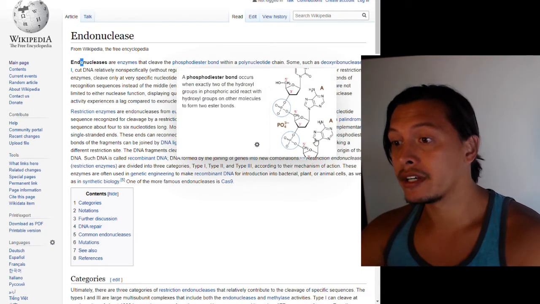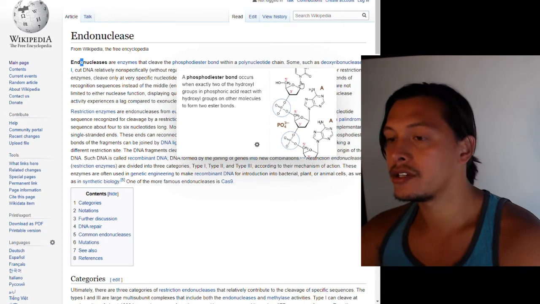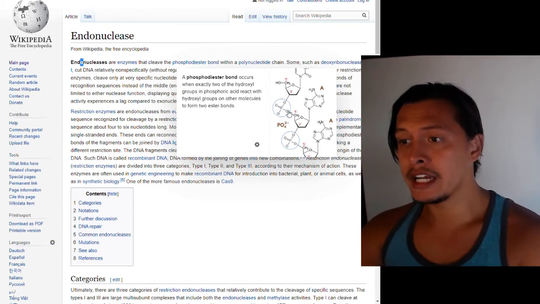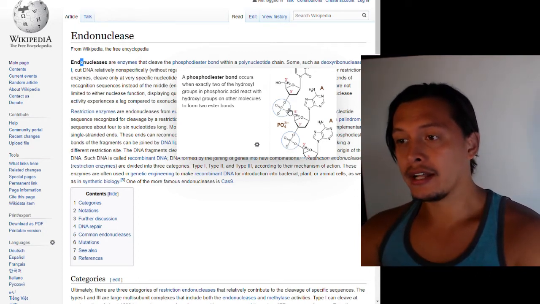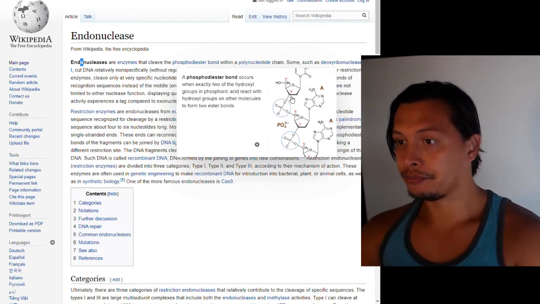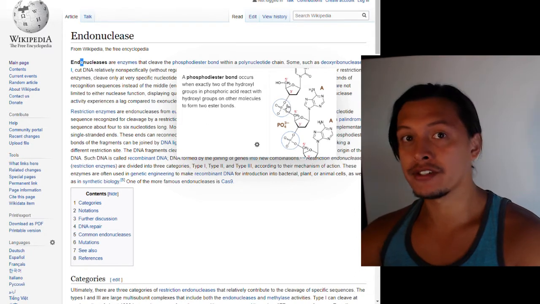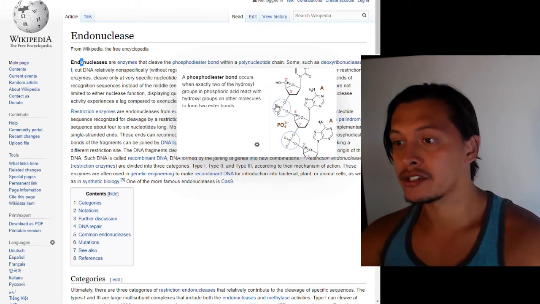So here we have an example of, this is probably DNA. And here you have your phosphate groups. And these are called phosphodiester bonds because this is one ester bond or phosphoester bond, and this is another phosphoester bond.